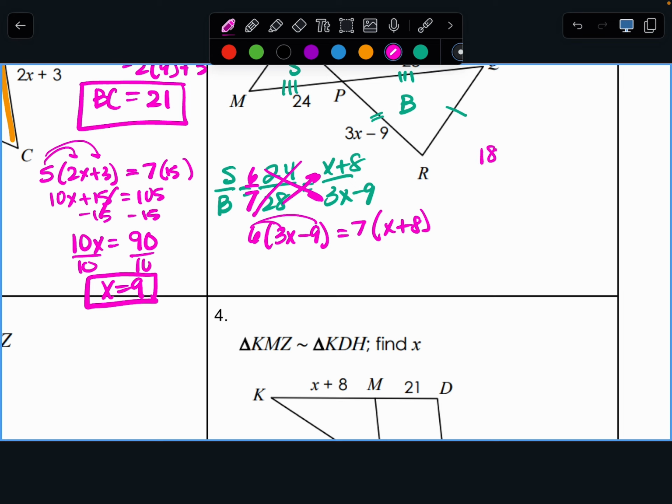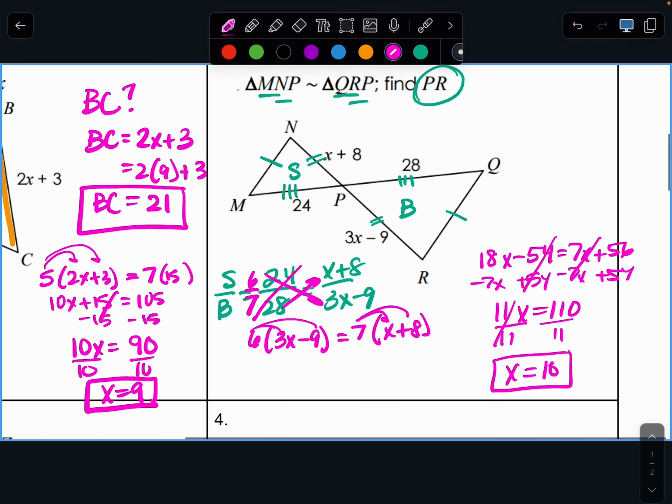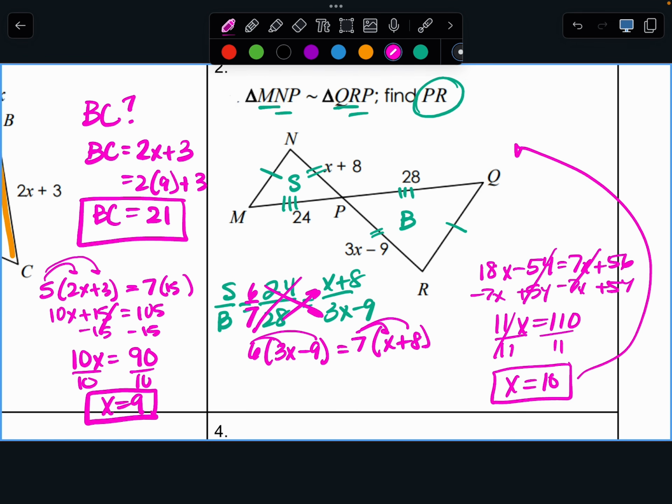Distribute, that's 18x minus 54 equals 7x plus 56. Minus 7x, plus 54, plus 54. I get 11x equals 110. Divide, x is 10. Now, I'm not done because I asked you to find PR.